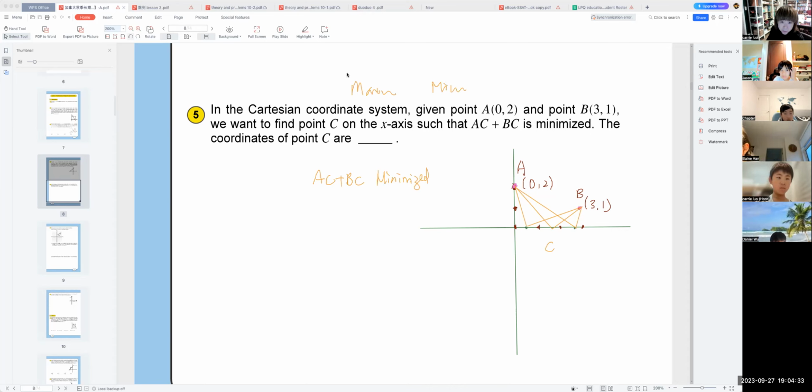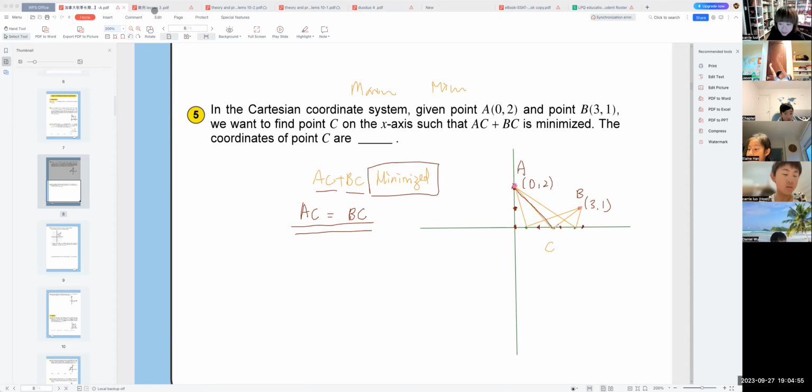Jason hasn't learned it before, but don't worry about it. It's very easy. When you have two numbers added together, when is the distance the smallest? It is when AC equals BC that it can reach the minimum. Okay, everybody, I want you to write this down.